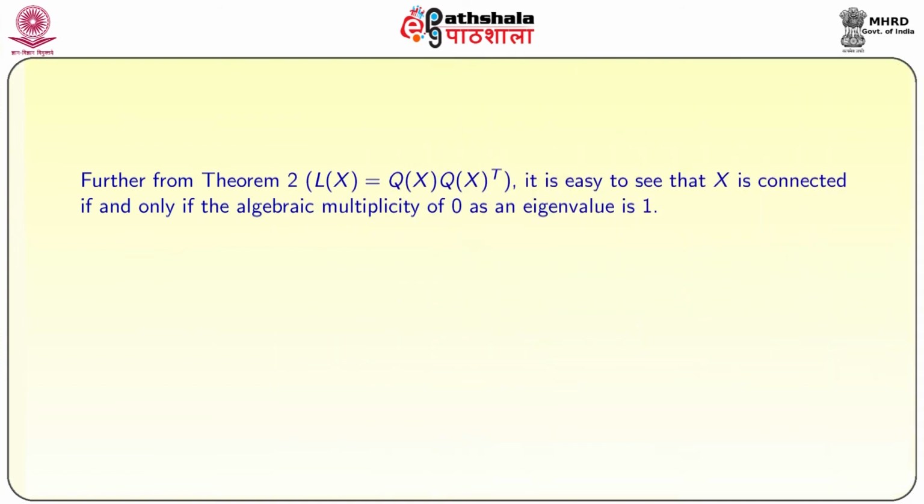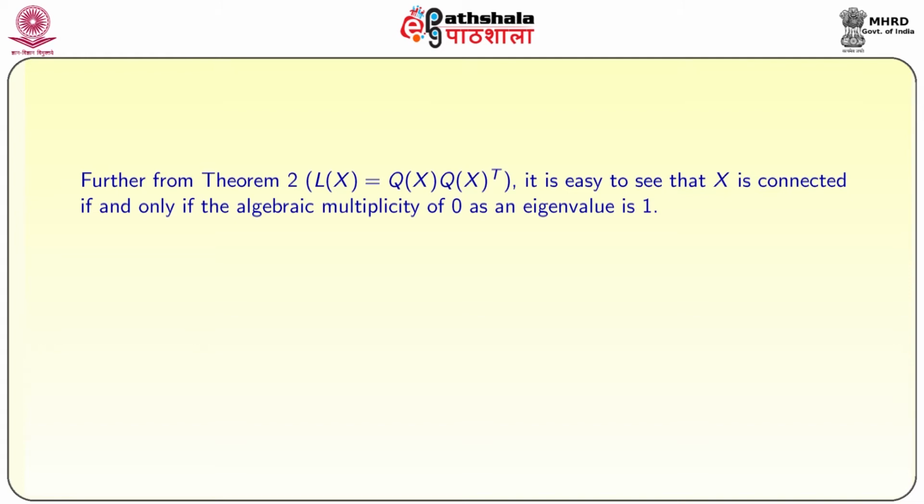From theorem 2, that is L(X) equal to Q(X) Q(X) transpose, it is easy to see that X is connected if and only if the algebraic multiplicity of 0 as an eigenvalue is 1. It is because we already saw that the rank of Q(X) is n minus 1 whenever X is connected. So, the rank of Q(X) Q(X) transpose is also n minus 1 whenever X is connected.